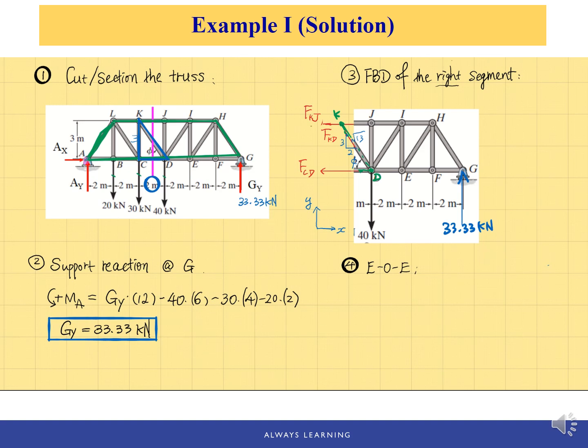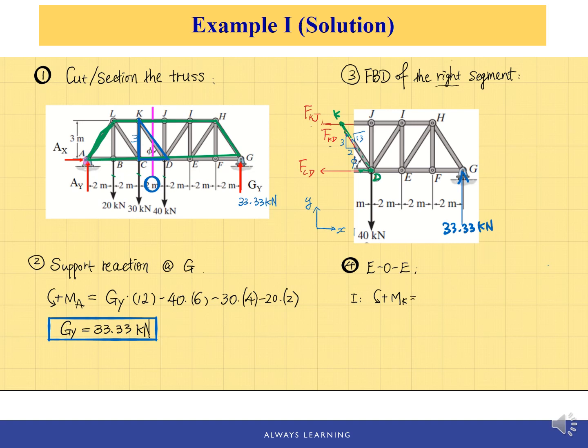Since the forces KJ and KD are concurrent about point K, if we are going to write the first equation, let me use a different order. Equation 1 will be the moment about point K, because if you choose that equation, F_KJ and F_KD will not show up in this moment equation, because the moment arm about point K for those 2 forces is 0. It passes through this point.